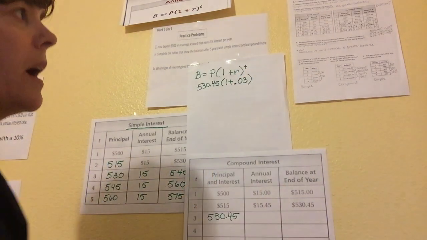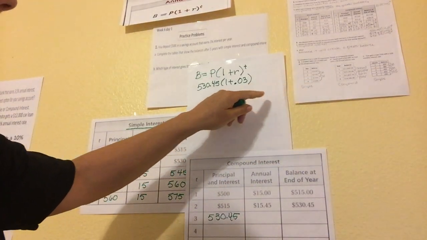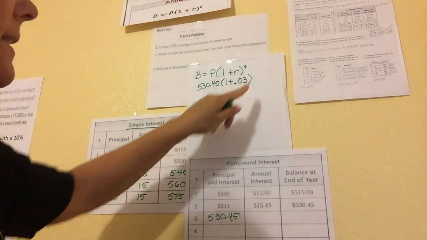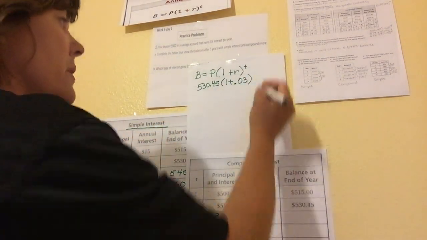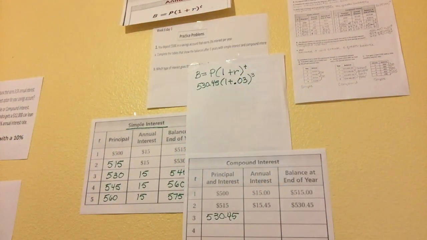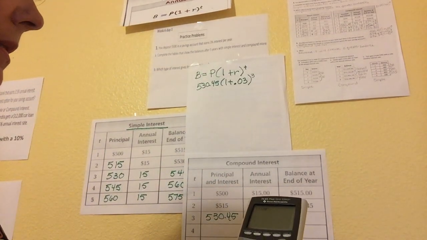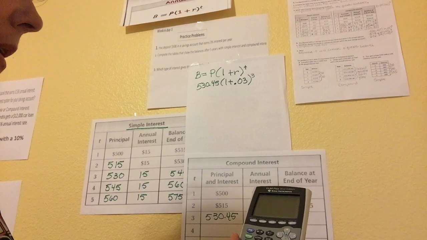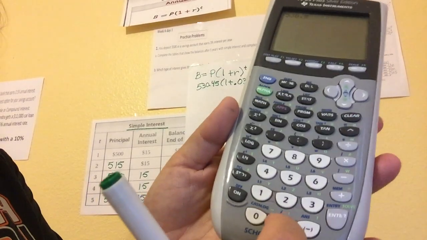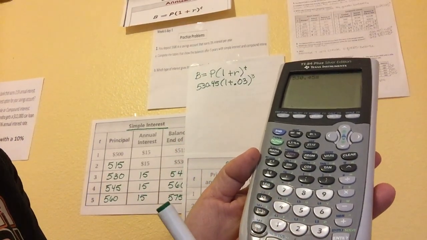And then in this case, you can see that you're on your 3rd year, okay? So that T is a 3. Okay? So what we want to do to solve that is turn on this. Okay? It's cleared out. So I'm putting 530.45, sorry guys, 530.45, okay?